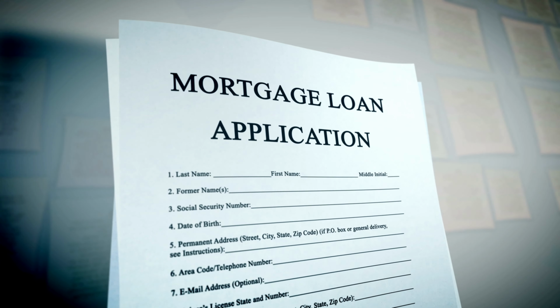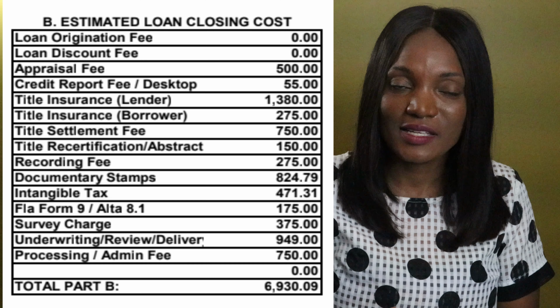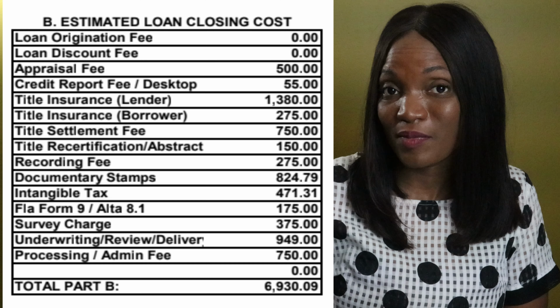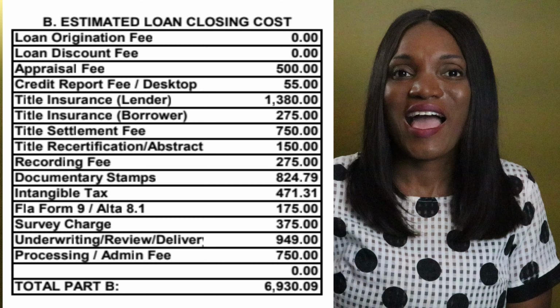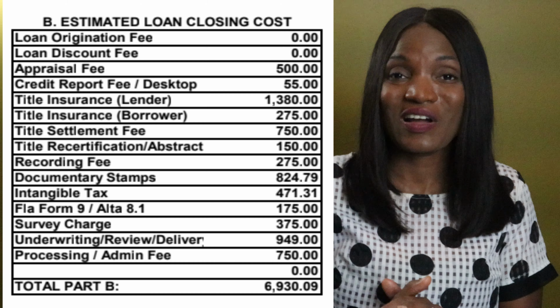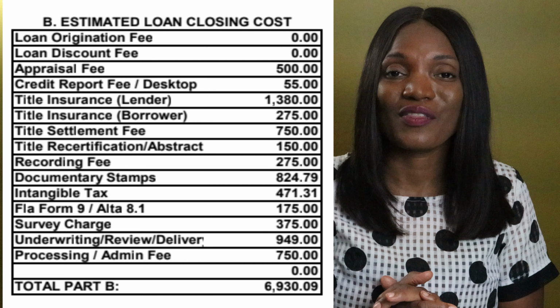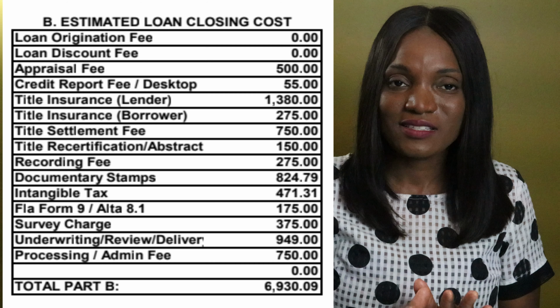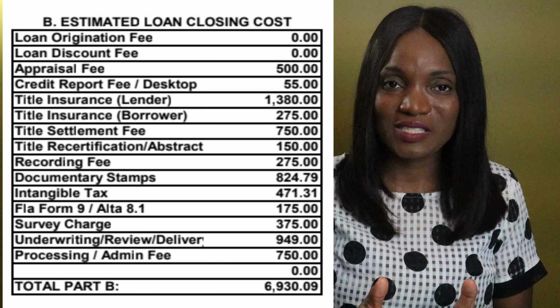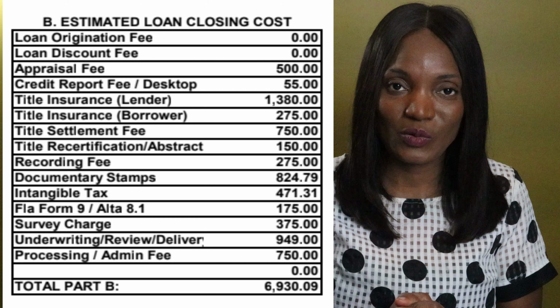That is, the underwriter will review your document to make sure that you can actually get the loan. And this lender also charges an admin or processing fee. And the grand total for this, which is the closing cost so far, is $6,930. That is the cost associated with you actually getting this particular loan.